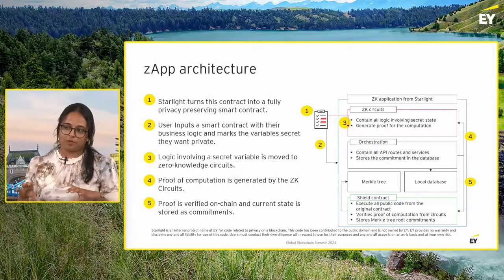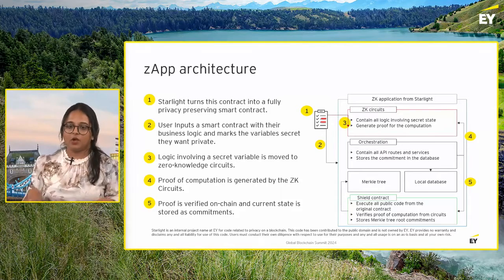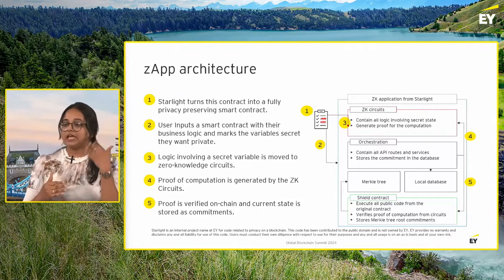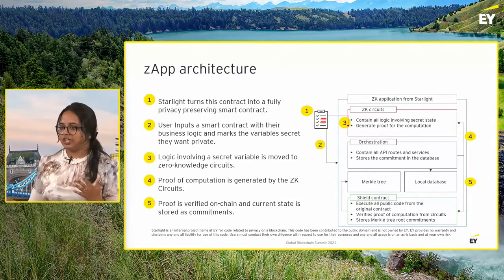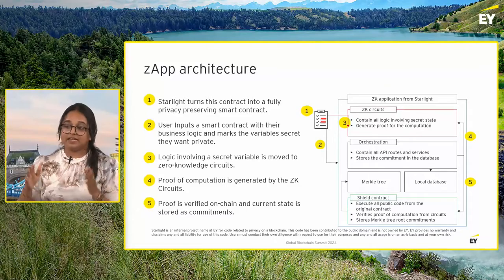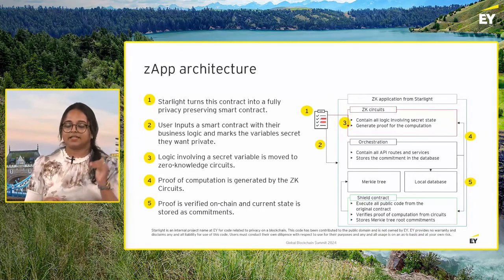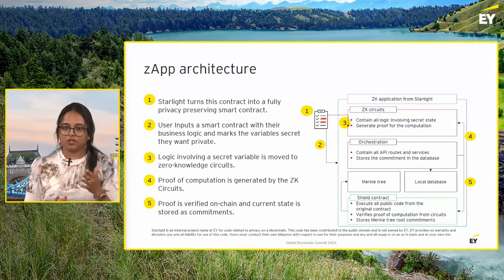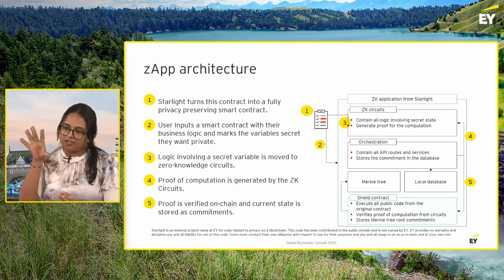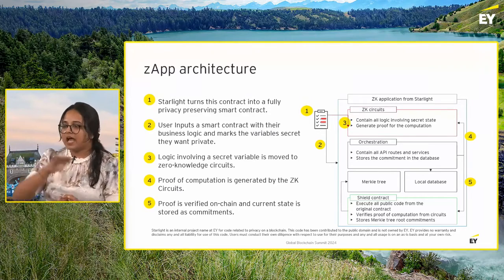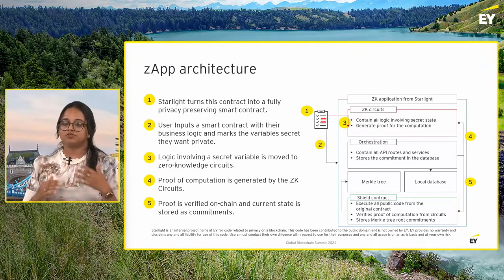But there is a third component, orchestration, which is a kind of bridge between the zero knowledge circuits, the shield contract, and the user, as it contains all the API routes and services. So it commands the circuits to generate the proof if we call any function which has any secret states, and takes that proof from the zero knowledge circuits and passes it on to the shield contract to verify.